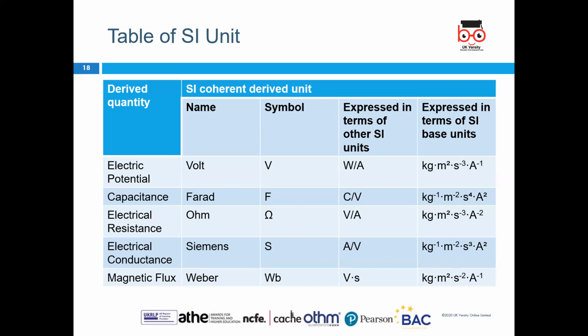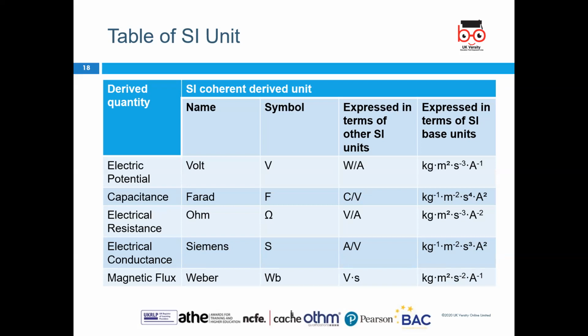Which is again kilogram meter square, fourth power of second, and ampere square. Then we have electrical resistance, which is in ohm, measured as volt per ampere. Similarly, electrical conductance is the inverse of electrical resistance, which is measured in Siemens. Then we have magnetic flux Weber, which is volt into seconds.